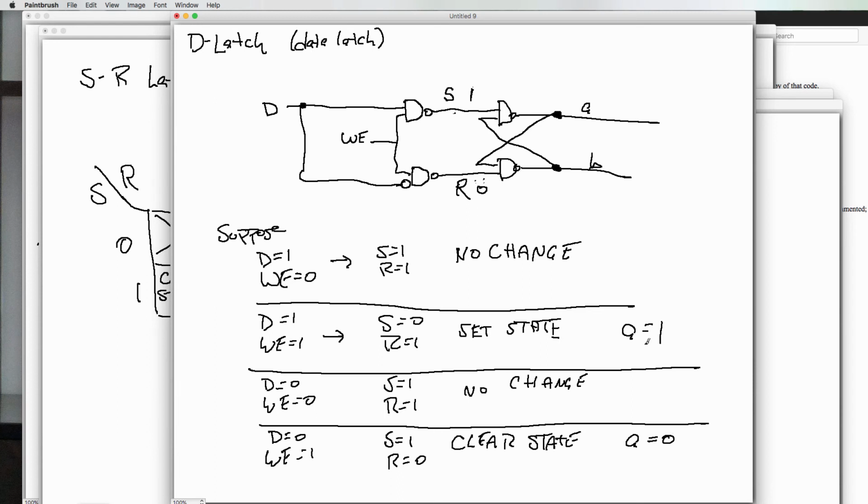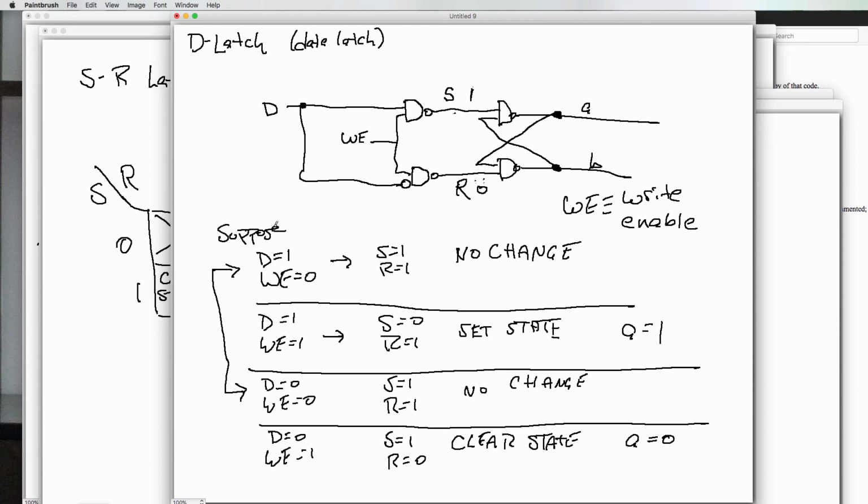Okay, so what did all of this mean? Well, first of all, WE stands for what's called write enable. The first thing you can see is that in the situations where write enable is set to 0, nothing happened.